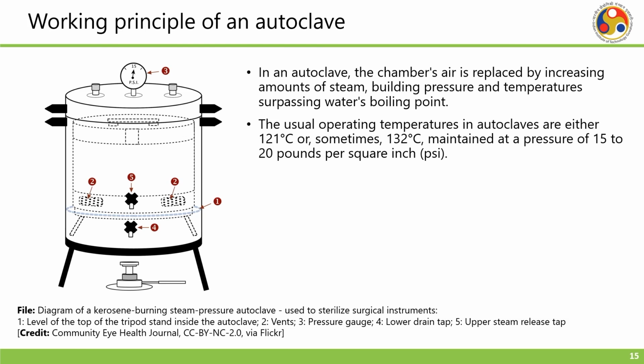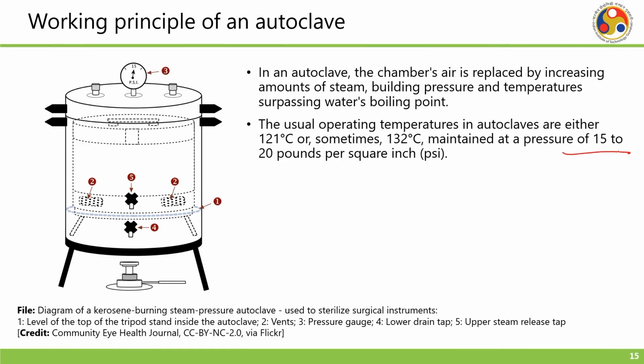centigrade. Now, if we remember the temperature versus growth of various bacteria, the maximum temperature was for the hyperthermophiles, which can survive up to around 110 degrees centigrade. So, in autoclaving, we cross that limit of 110 degrees centigrade and achieve a temperature of 121 degrees centigrade, and it can go up to 132 degrees centigrade, and this ensures that all bacteria and microbes are eliminated by this process of heating.